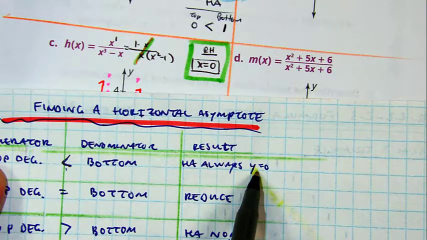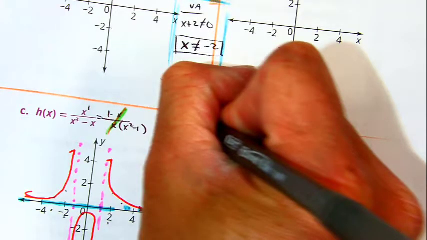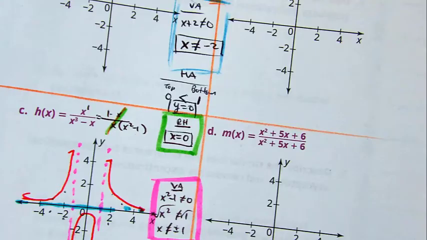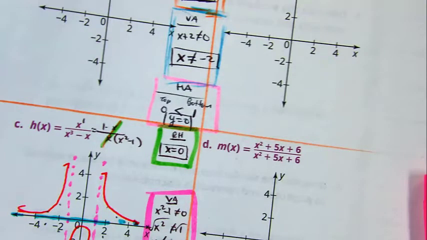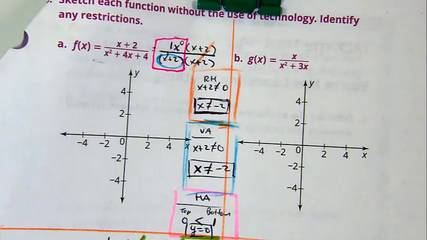Okay. So this is what we've been doing for the past couple weeks. Now we're just going to add those to our graph. Let's do my horizontal asymptote y equals 0. Everyone show me a horizontal line with your arm. So let's go ahead and draw it.